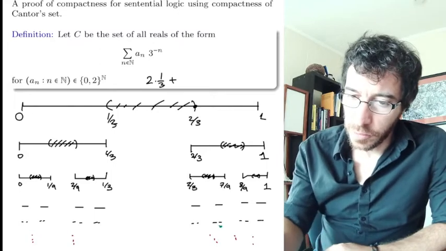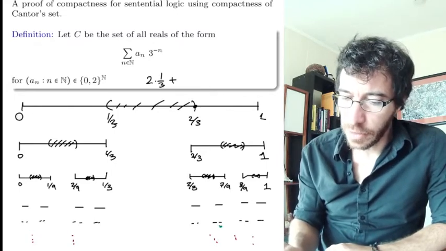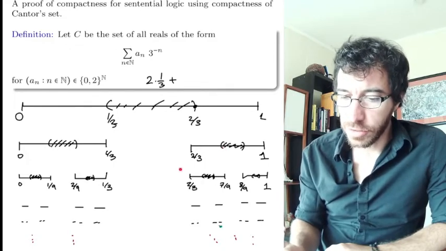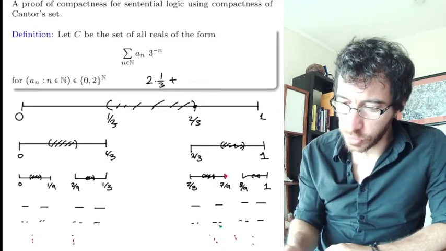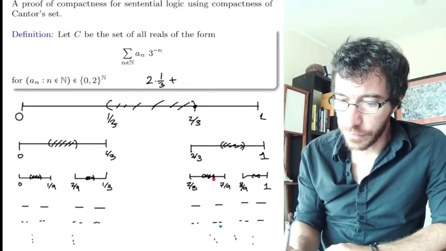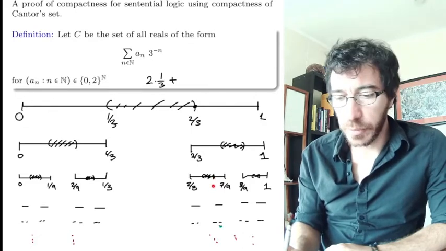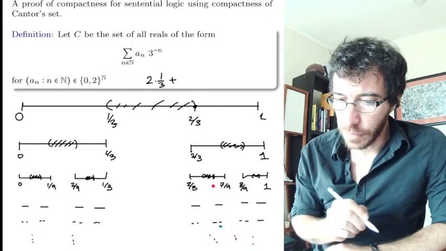Plus, well, it stays on the left side then, so we don't add anything. But now here it goes to the right side, so it comes up here. What are we adding to come up here?